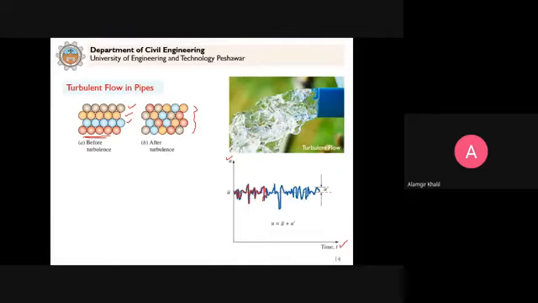If I want to calculate the instantaneous velocity at any instant, then this will be equal to the time average velocity. This u bar is the time average velocity. If I average all these fluctuations, I get this straight line, shown here in red, denoted by u bar.